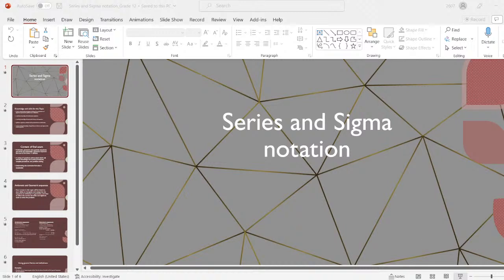So a basic understanding of algebra, including the manipulation of algebra expressions, equations, and inequalities. A working knowledge of simultaneous equations, a working knowledge of exponential theory and equations.